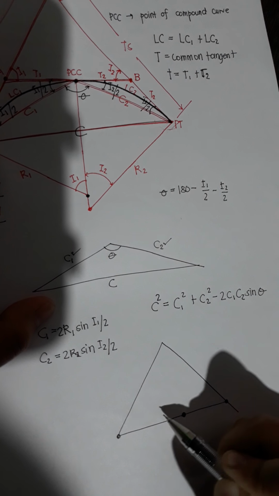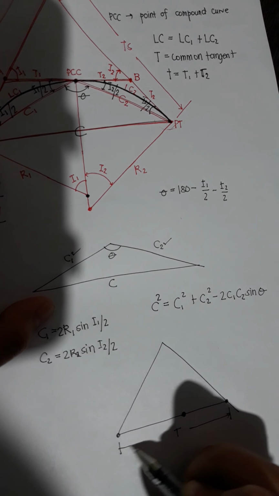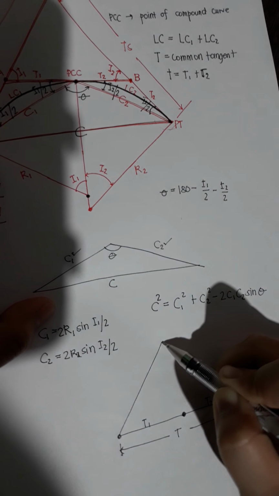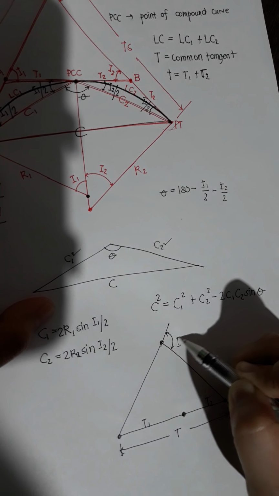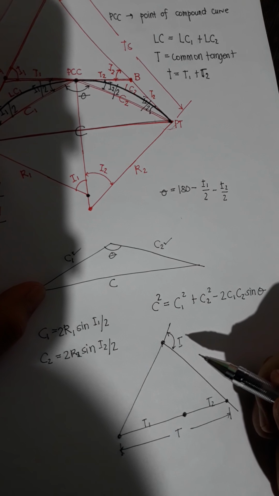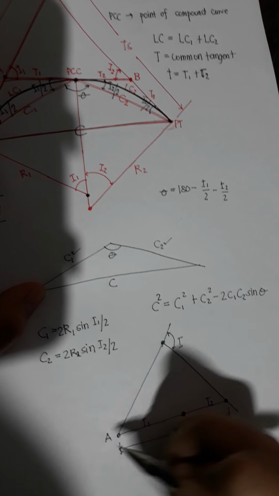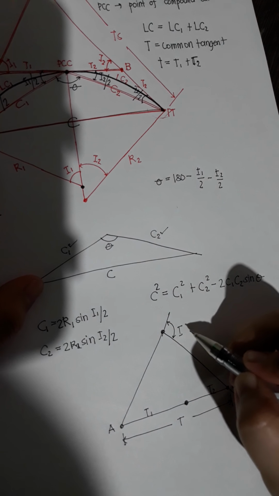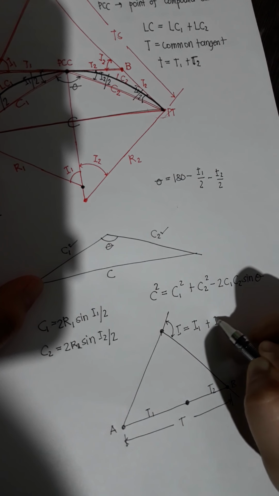This is the common tangent T. This is T1, this is T2. And this is I, the central angle or the angle of intersection of the whole compound curve. And this is A, this is B. I is also equal to I1 plus I2.